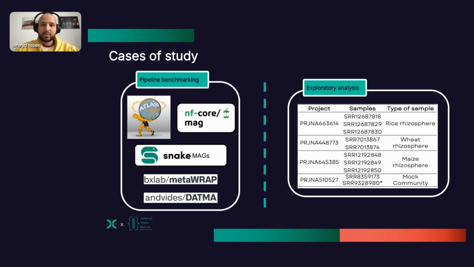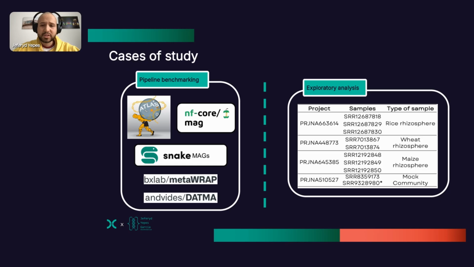So with this, we will have three main cases of study: to compare pipelines, to compare binners, and to perform exploratory analysis of your sample. Because if you identify one single pipeline that suits all of your needs, then you can just run this one for all of your samples, and then you perform your exploratory analysis.